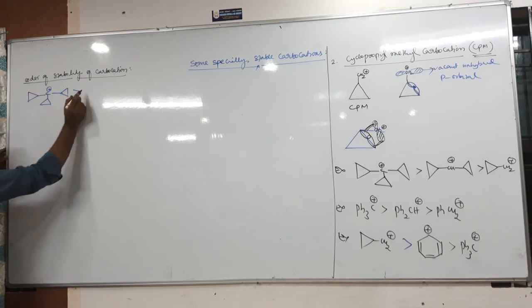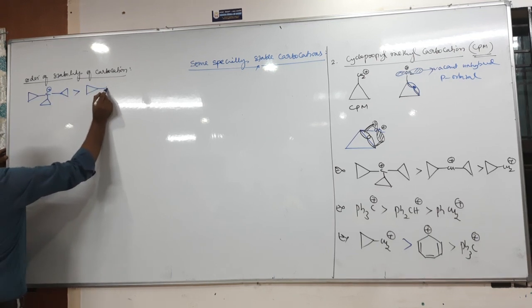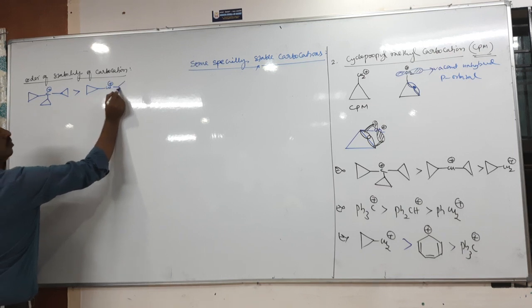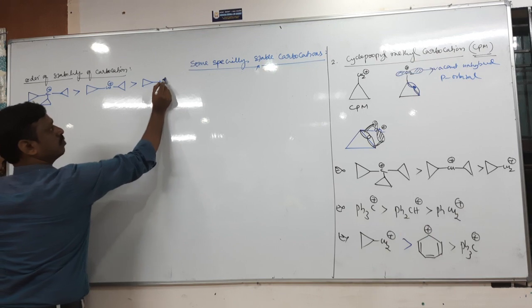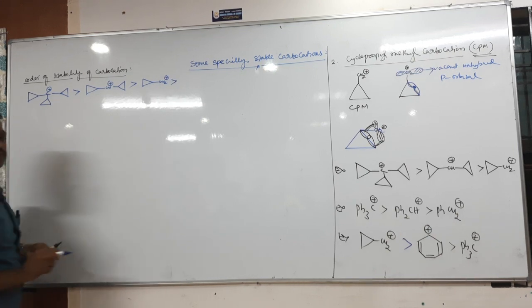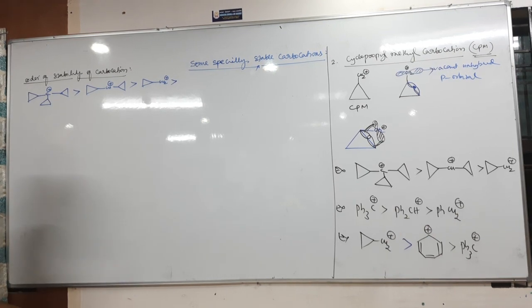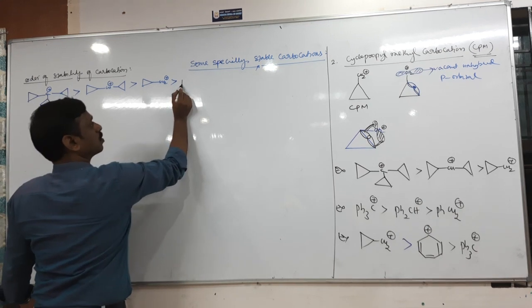Then 2 degree CPM, then CPM, then tropylium. Yes or no?